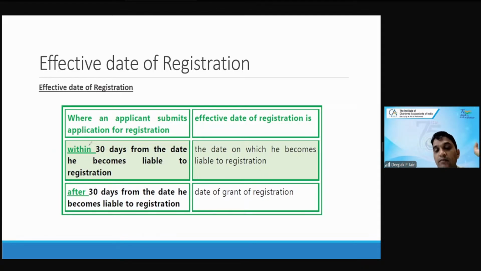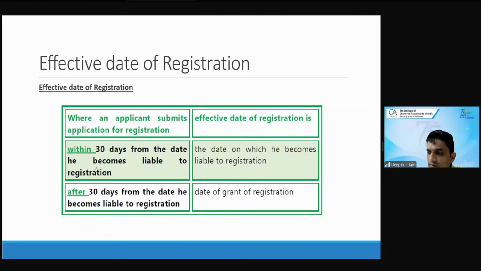Like we had taken an example, you had become liable on the 1st of January, that is when your limit had crossed. Now you need to apply within 30 days. If you have applied on time and the officer takes time to give registration, even in that case, your effective date of registration will be the date when you became liable. But if you apply later on, then it will not be from the date when you became liable. It will be effective from the date when the registration is granted.